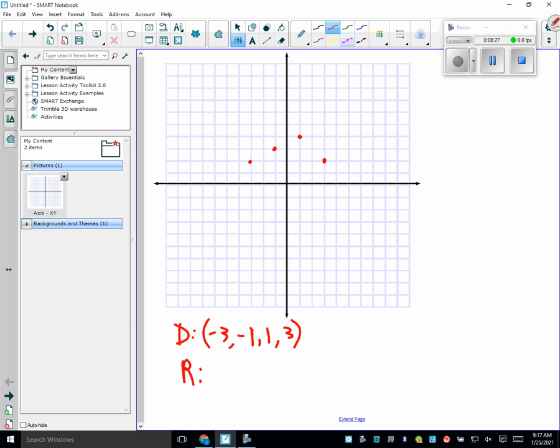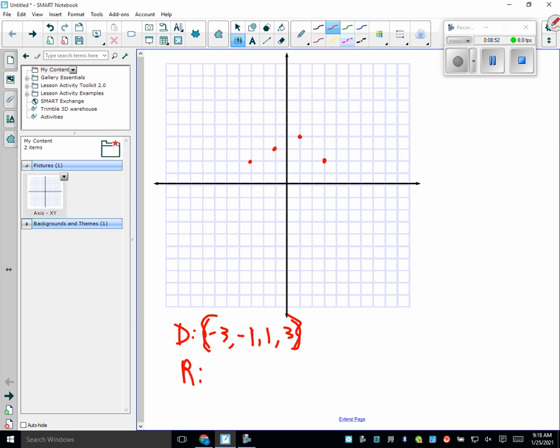They actually have these squiggly brackets for this, but I'm not very good at them. Because it's not an interval, it's just single numbers.